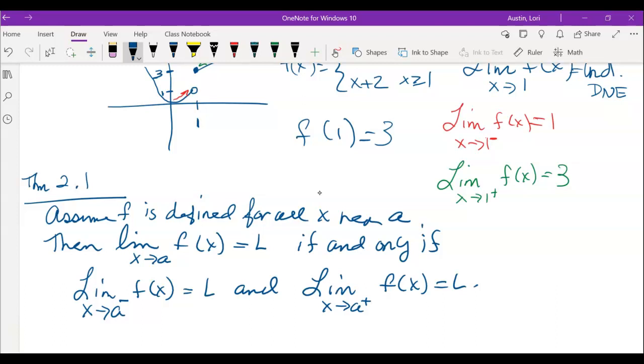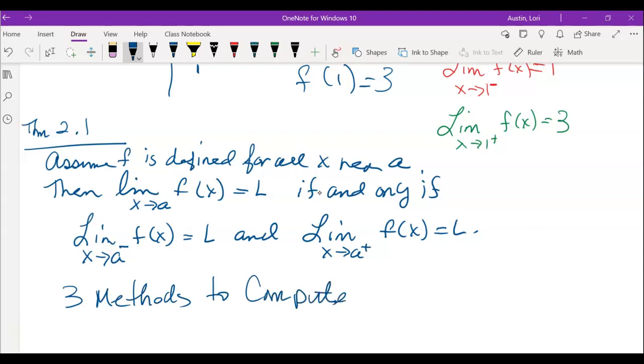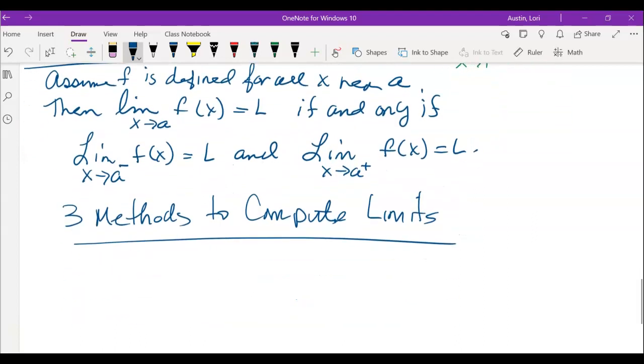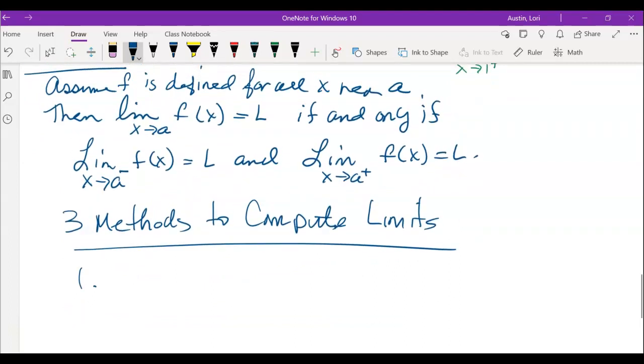There are 3 methods to compute limits. First one, which is still part of 2.1, is numerically.